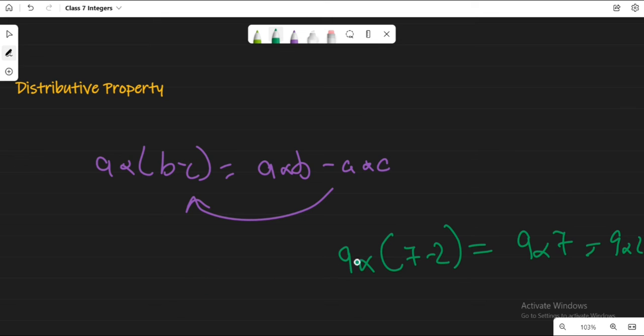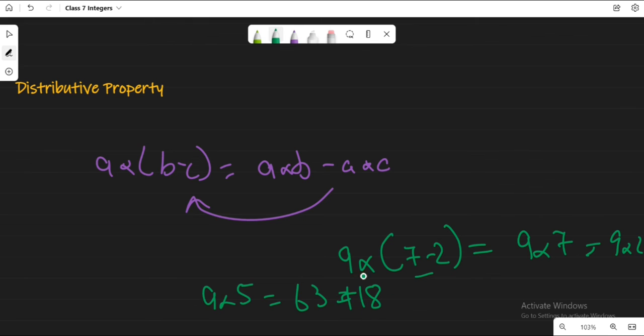9 into (7 minus 2): 7 minus 2 is equal to 5, so 9 into 5 is equal to 45. And 9 into 7 is equal to 63, and 9 into 2 is equal to 18.